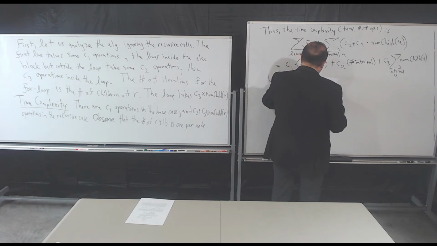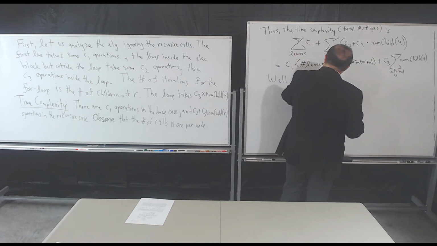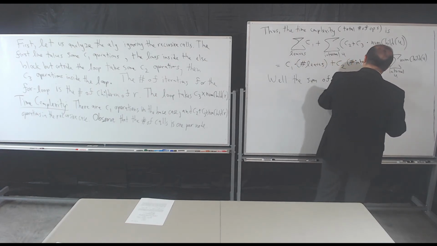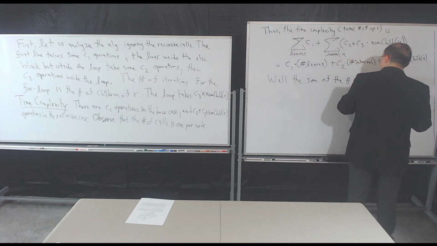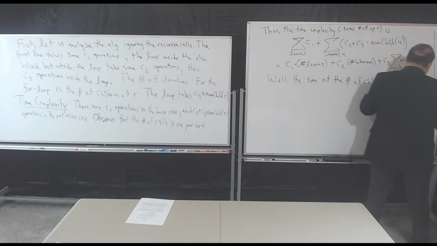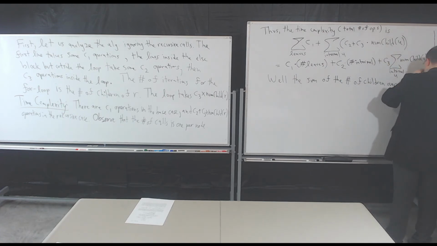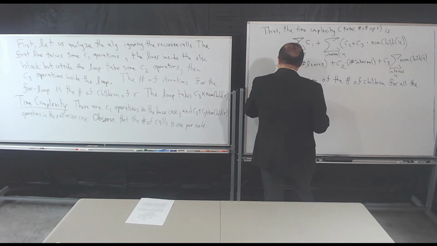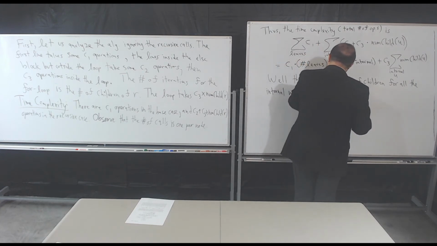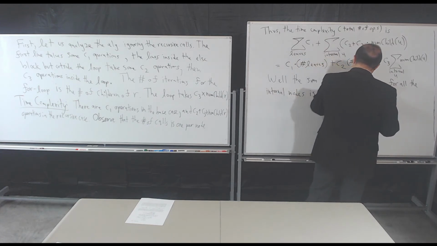Well, the sum of the number of children over all the internal nodes is the number of edges.